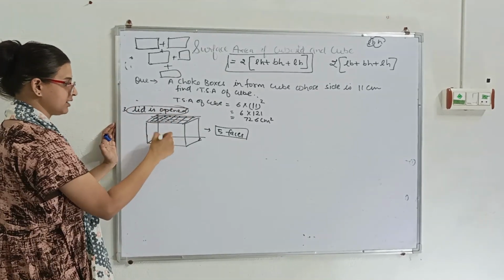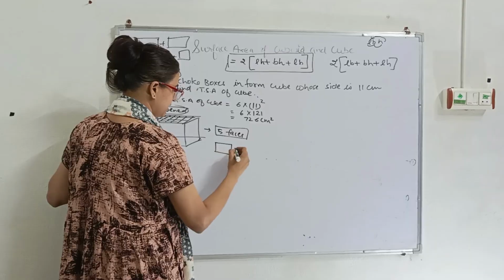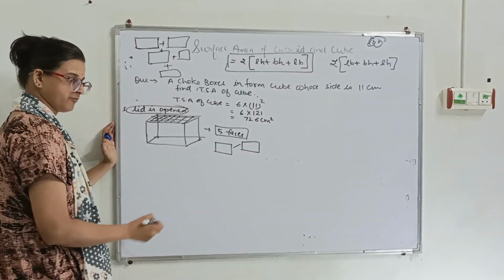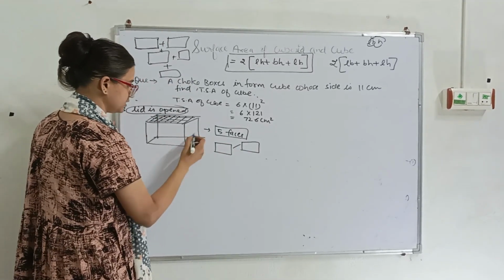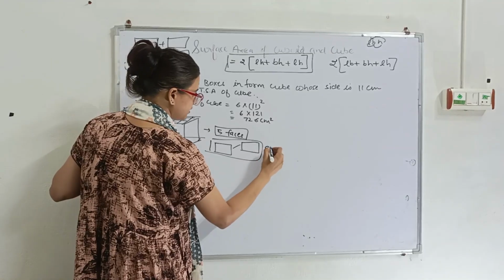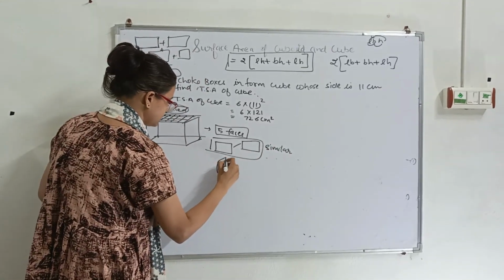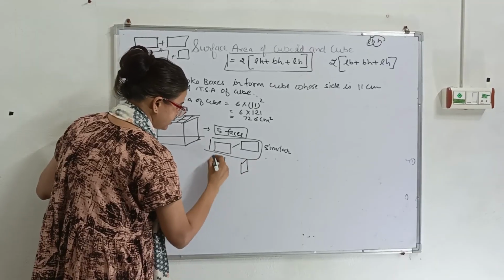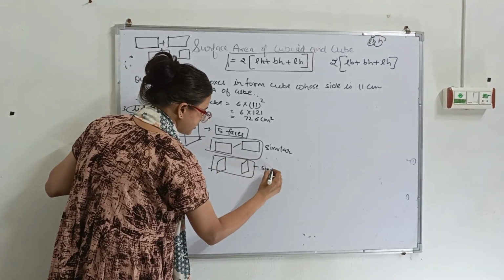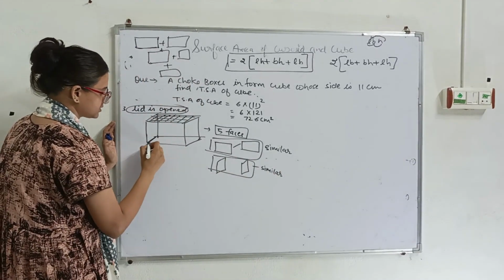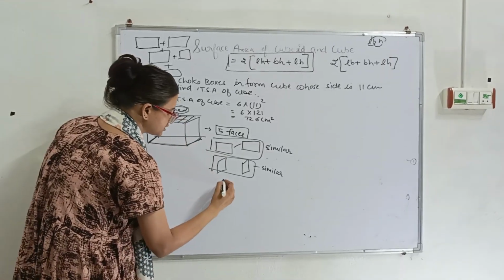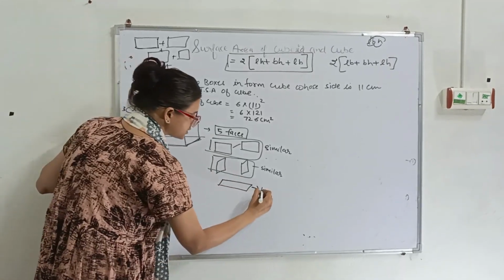This is the 1, and behind this one like this, and both are similar. The second is this and this, and both are also similar. And this is the base, because the upside is open.